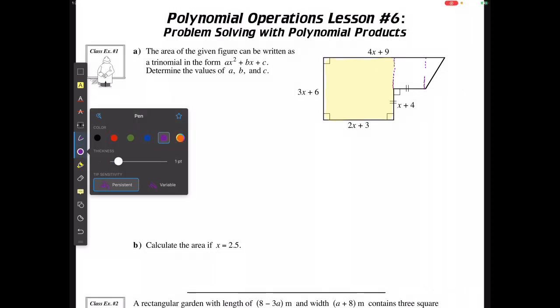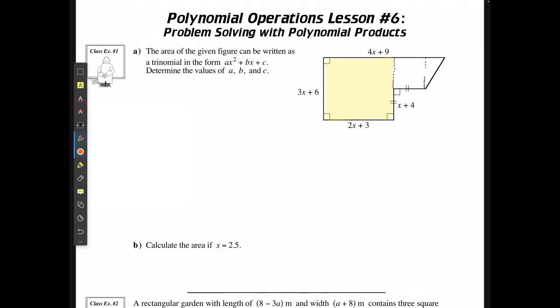I have some missing side lengths based on what I see here. I don't know what this side length is. I don't know what this side length is. And I don't know what this side length is, which happens to be the same as this side length.